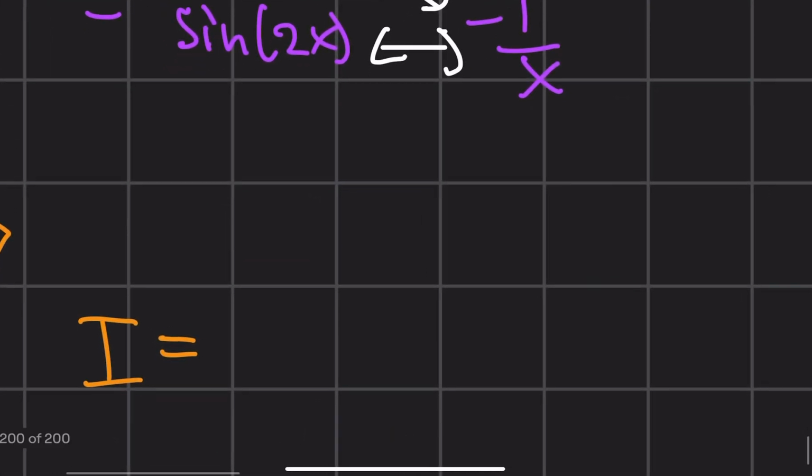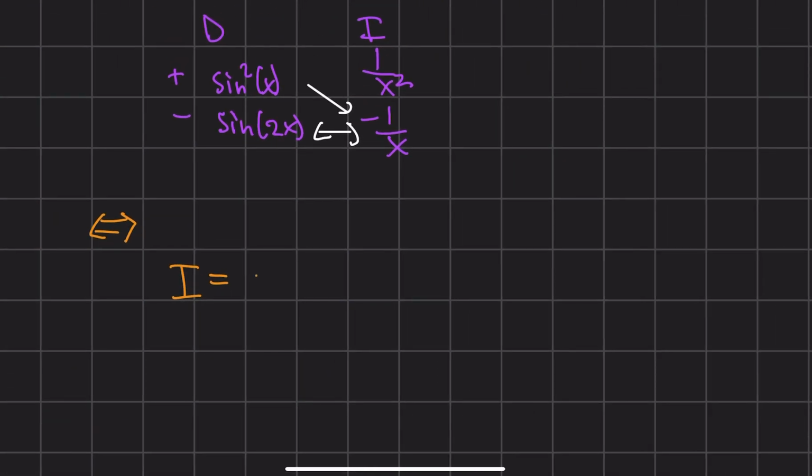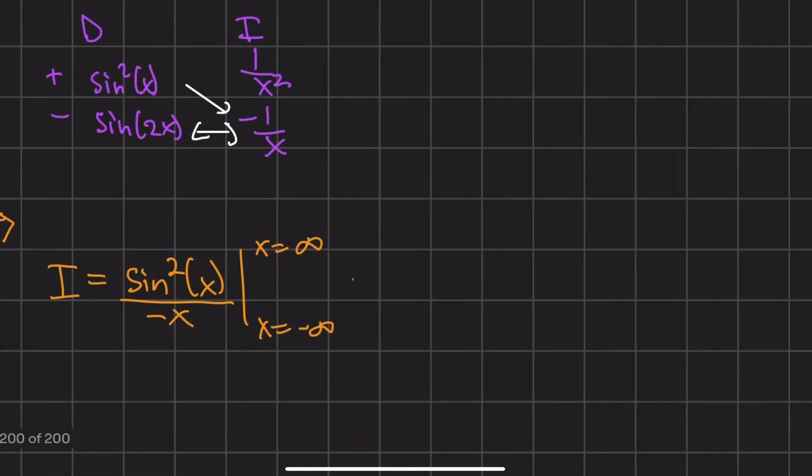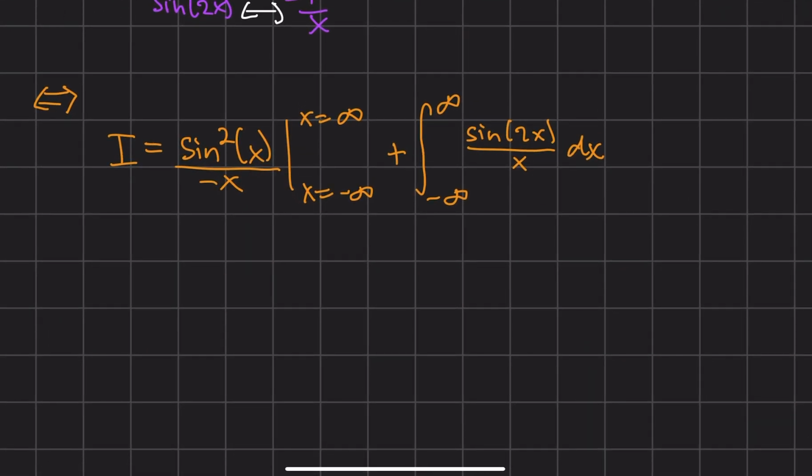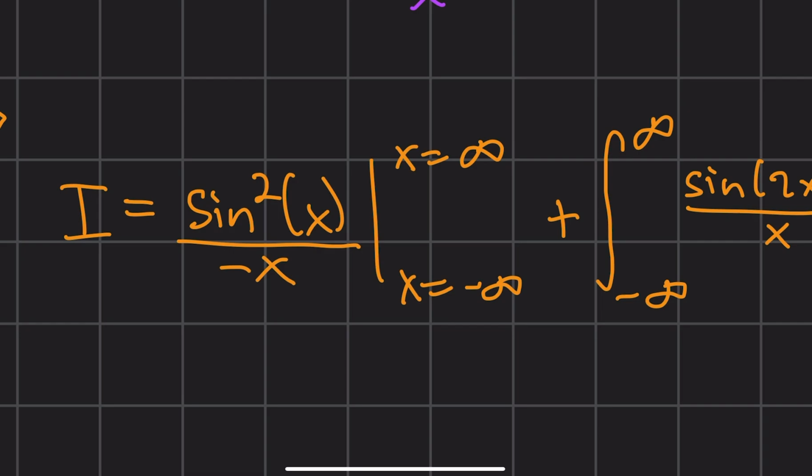So I is equal to sine squared x over x, negative x, evaluated from x equals negative infinity to x equals positive infinity. All right, and what's left is the integral going from negative infinity to infinity of sine 2x over x dx.